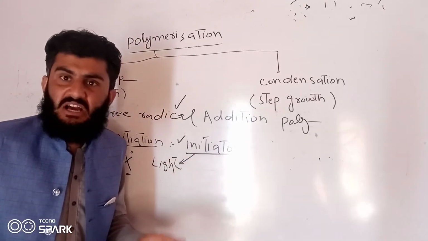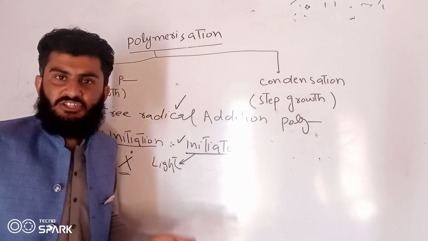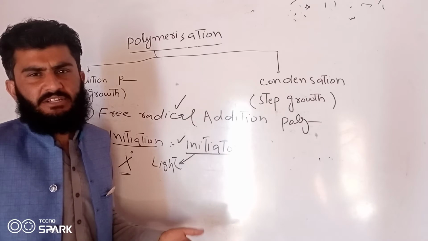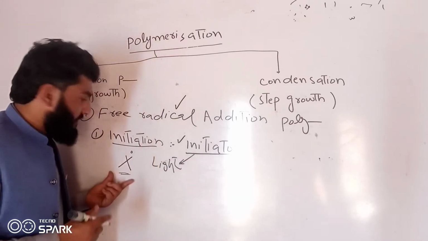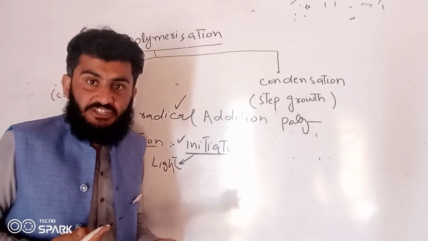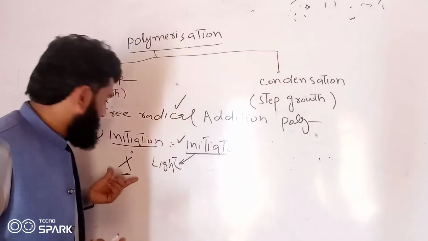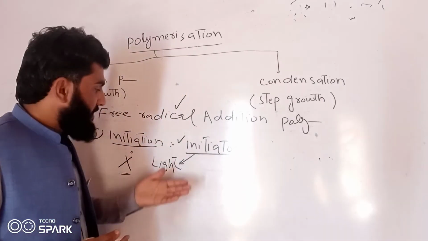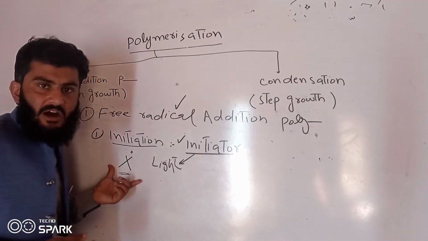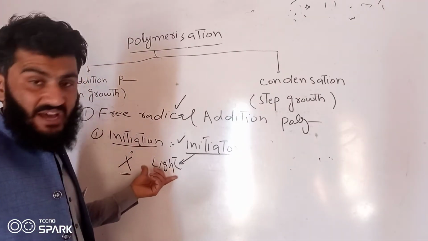For the initiation of free radical polymerization we need a free radical, and this free radical may be formed with the help of light.